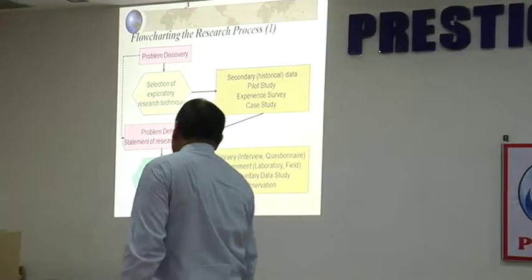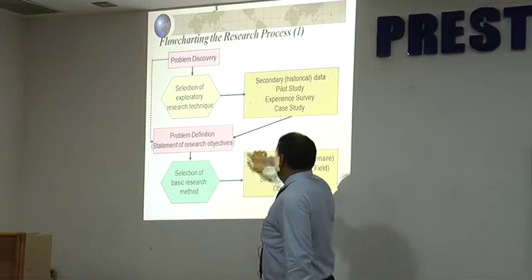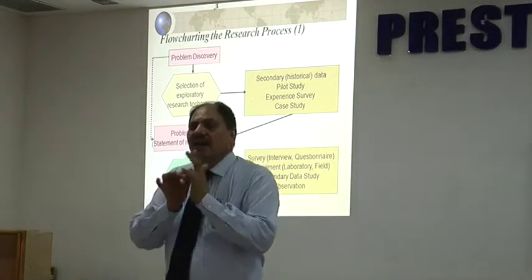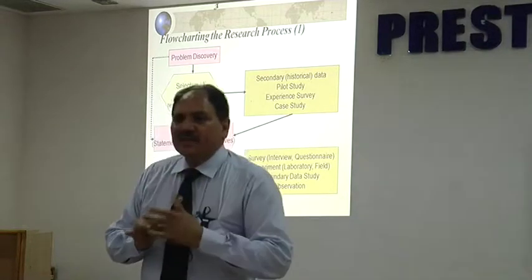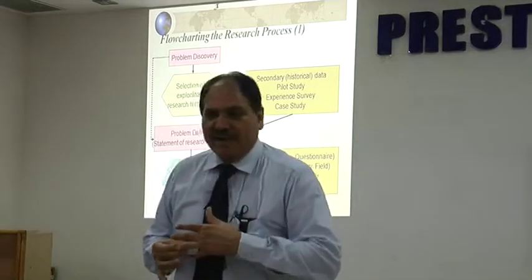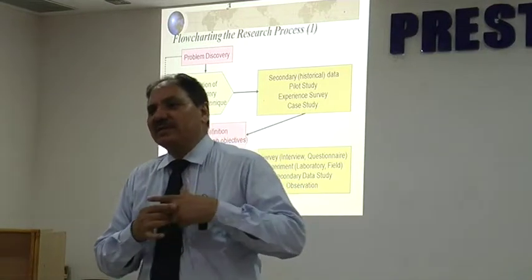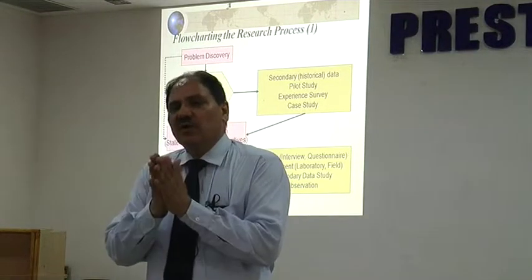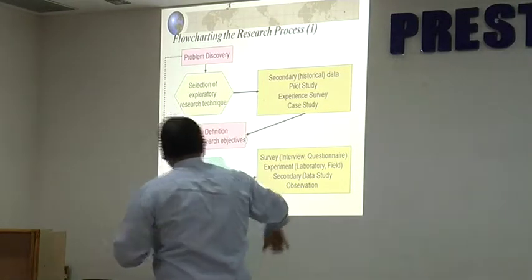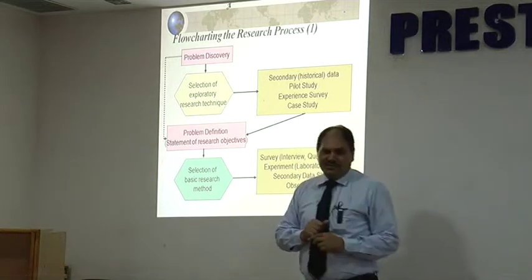Okay. And all these can be carried out, say exploratory research can be carried out using survey. In fact, causal research also can be carried out using survey. Descriptive also can be carried out using survey. That means when you have decided whether to go for exploratory, descriptive or causal, you may use one of these methods: survey, experiment, secondary data study or observation.